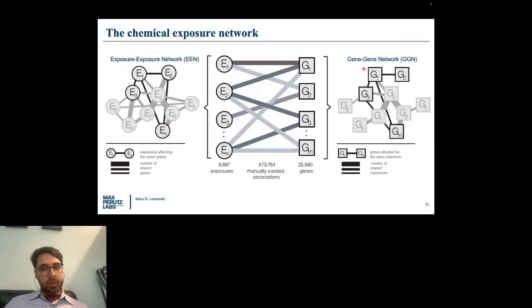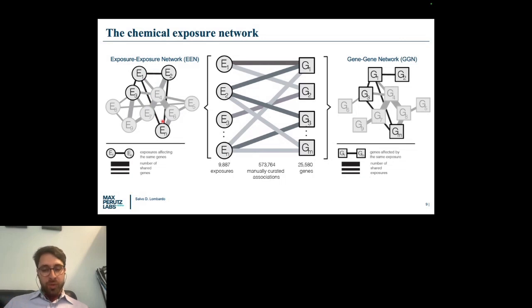So each node is a gene, and an edge is mapped whether they share a significant amount of exposures that perturb the same genes. And you might see that the width of this edge changes, based on a certain weight that we have defined. And specifically, when we map these two networks, we observe that they are very, very dense.